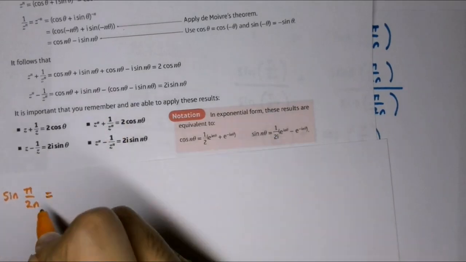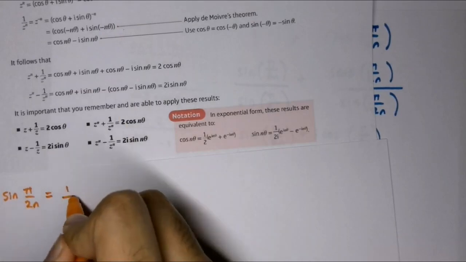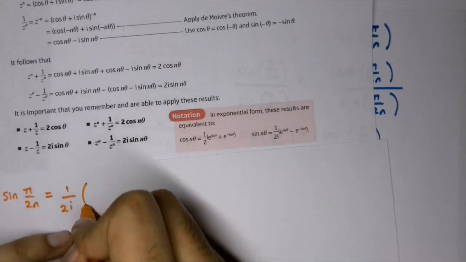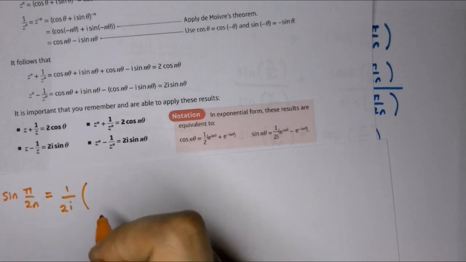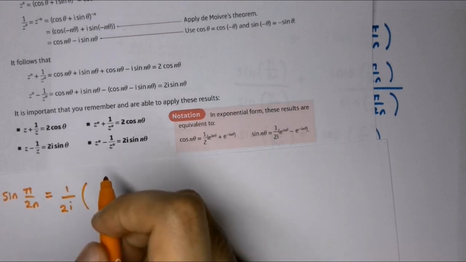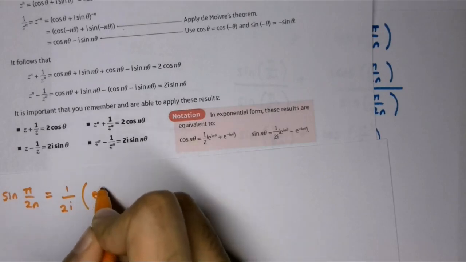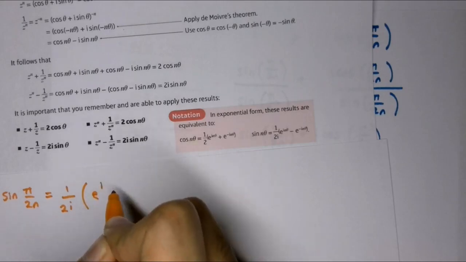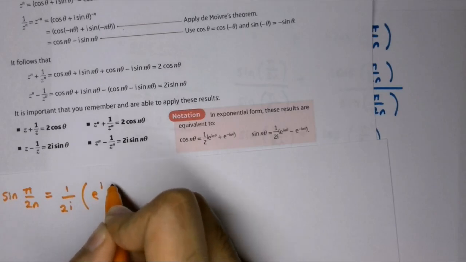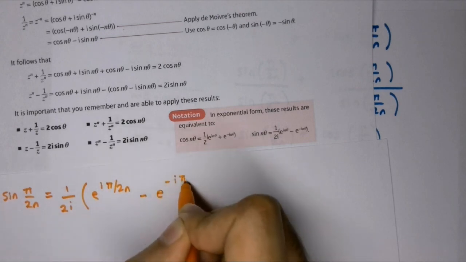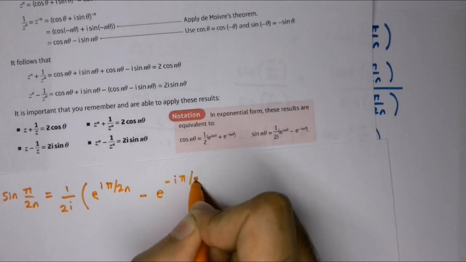you'd find here we get 1 over 2i, multiplied by e to the i pi over 2n minus e to the minus i pi over 2n.